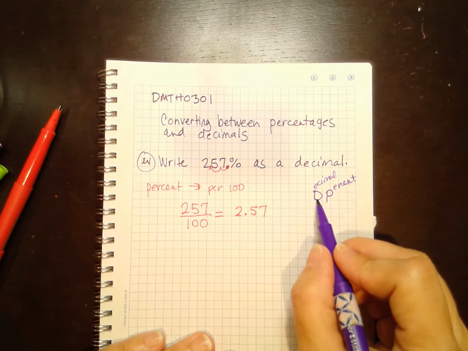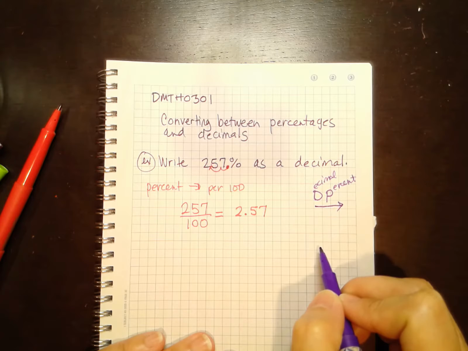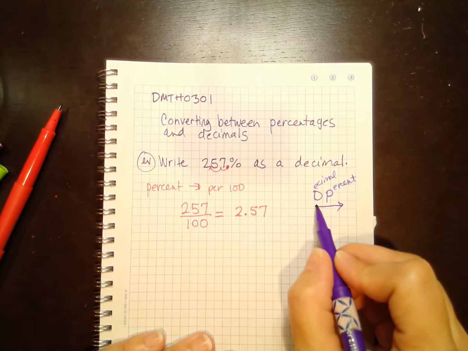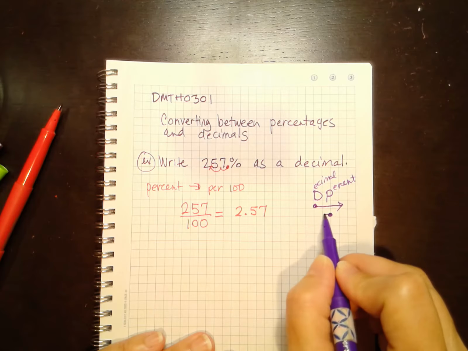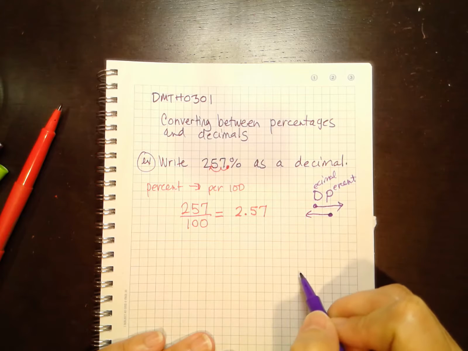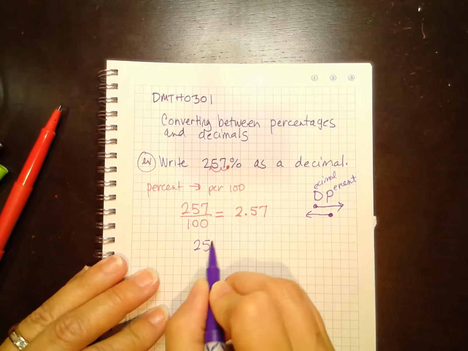If you're going from a decimal number to a percent, you move the decimal point to the right. But if you're starting off with a percent and you're having to go to a decimal, you move the decimal point to the left.